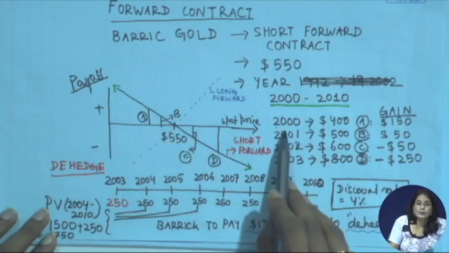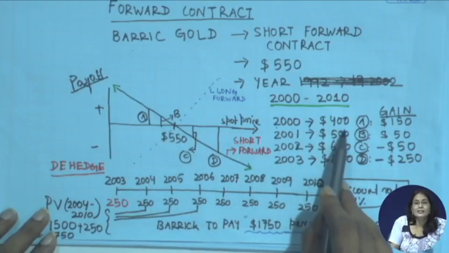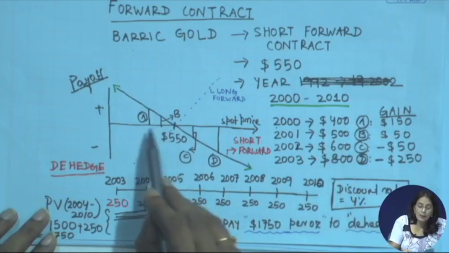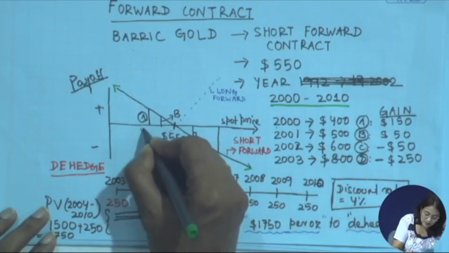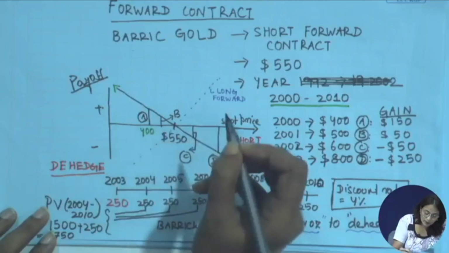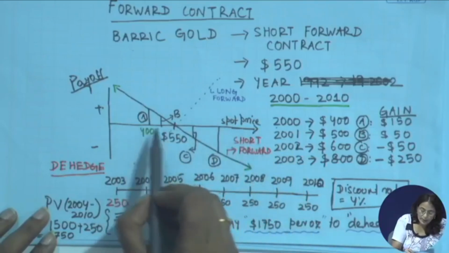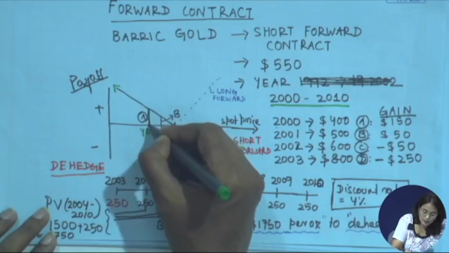Let's say during 2000, suppose the price is around $400. So in that case, Barrick Gold's benefit is to the tune of this.